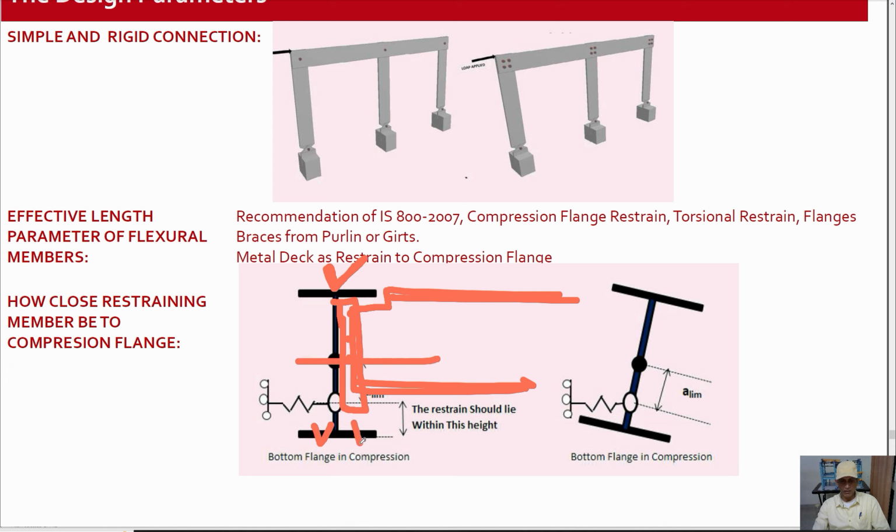Then only we can consider this compression flange as having resistance in the lateral direction. Obviously the torsional resistance will be there. So this connection plate distance must exceed half of the depth of the main girder.